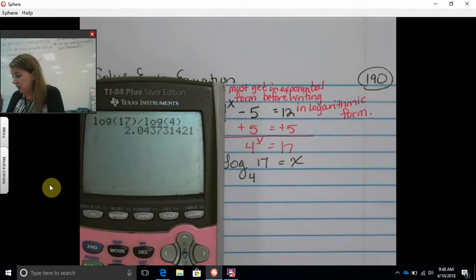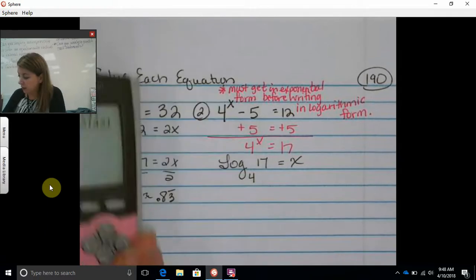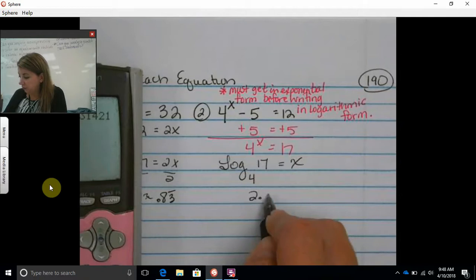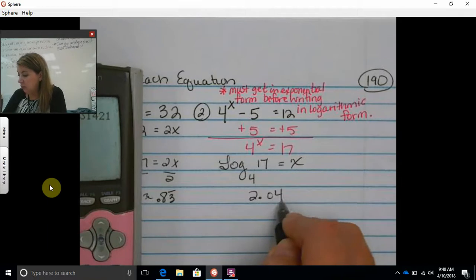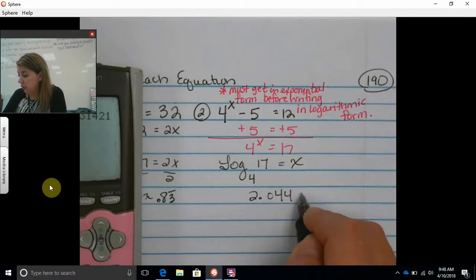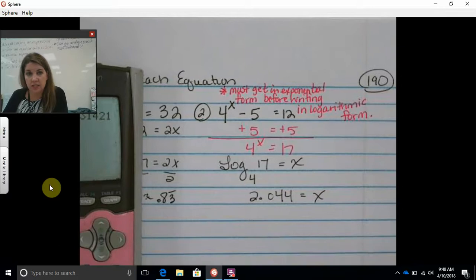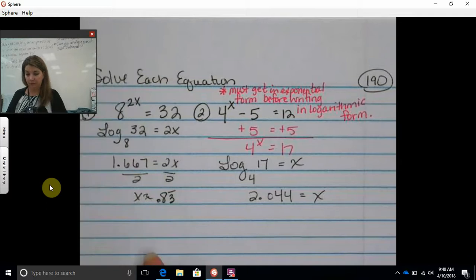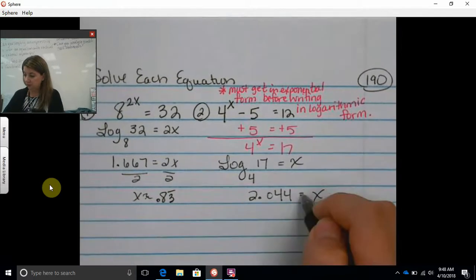And I get 2.04 approximately. I'll go with 2.044 equals x. And x is already solved for. I don't need to divide by anything. I'm going to use approximately because that was rounded.